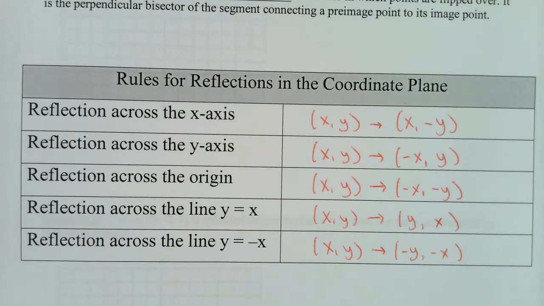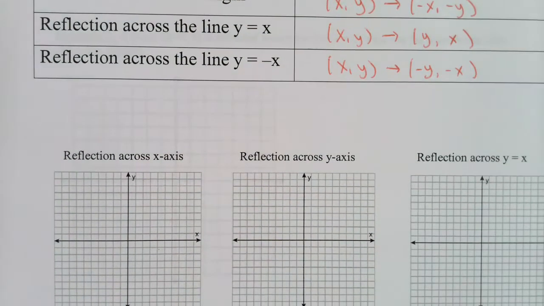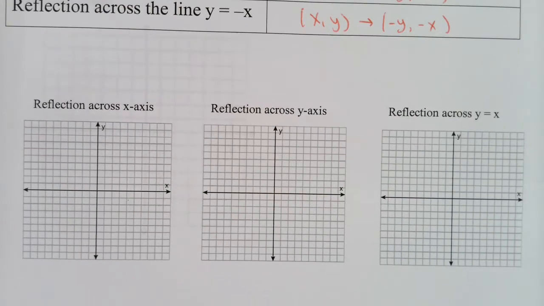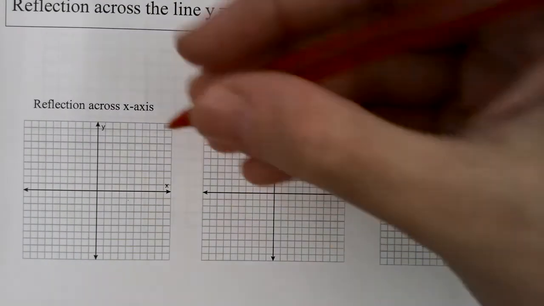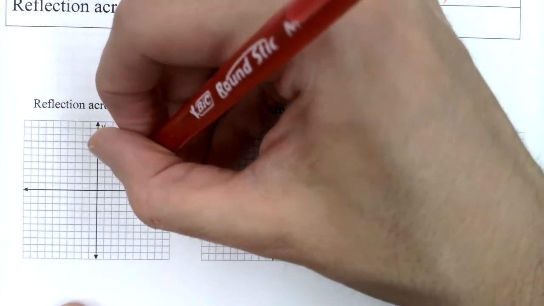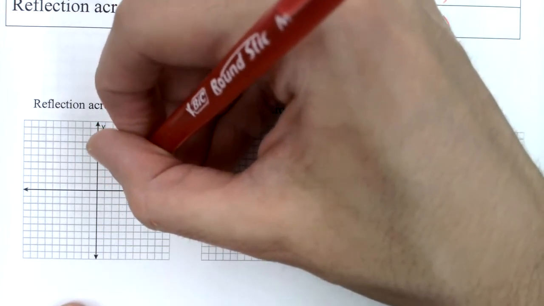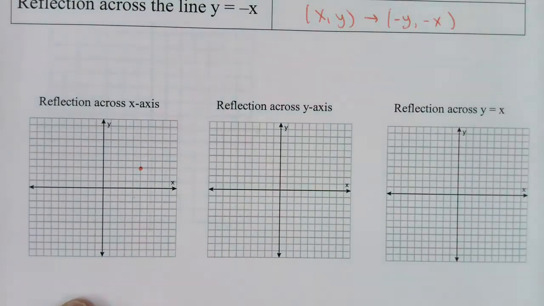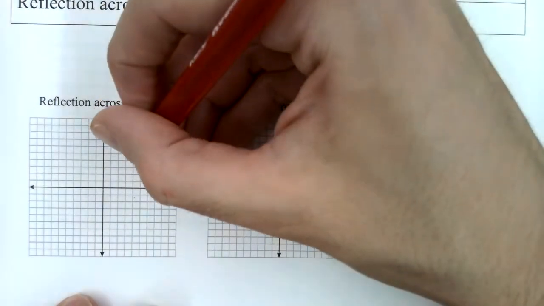Before we move on to the real examples, let me show you why these rules exist. I won't show you all 5. I'll show you the first one, the second one, and the fourth one. For reflections across the x-axis, I'm just going to pick a random point, A, at (5, 3).